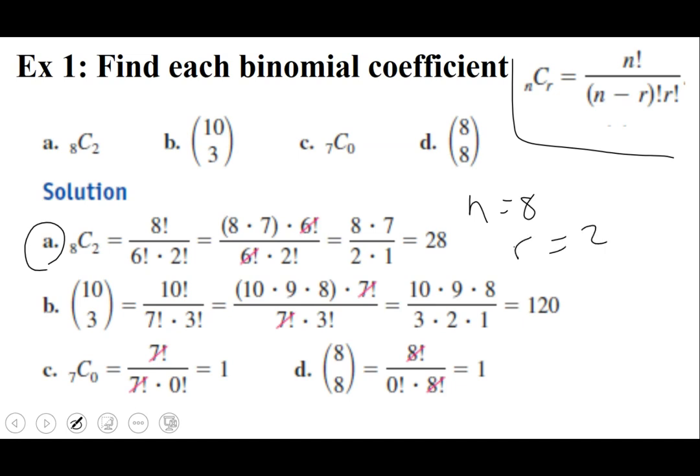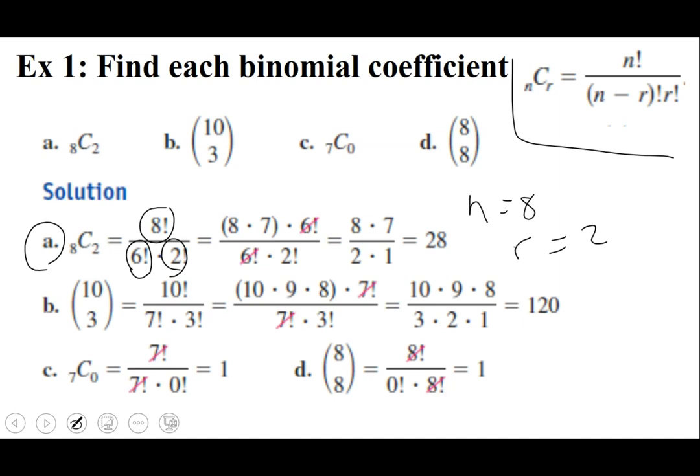So according to the formula, you're going to do n factorial on the top. You're going to do n minus r, which would be 8 minus 2, which is 6 factorial. Then you're going to multiply it by r factorial, which is, again, 2 factorial. The whole reason why we spent some time earlier in the chapter simplifying was because now you want to try to reduce. So think about what would happen if you were to take the 8 factorial on the top and multiply it all out.